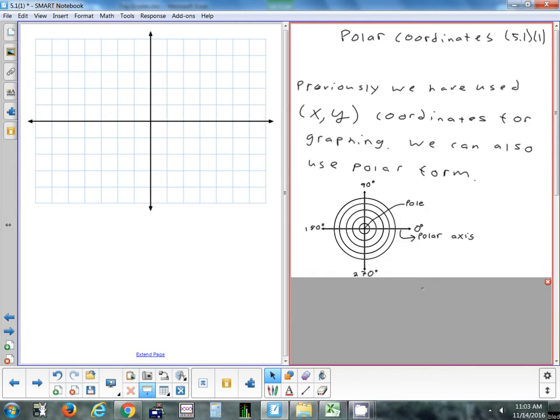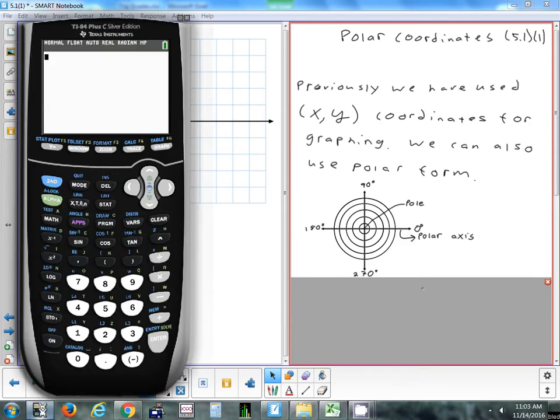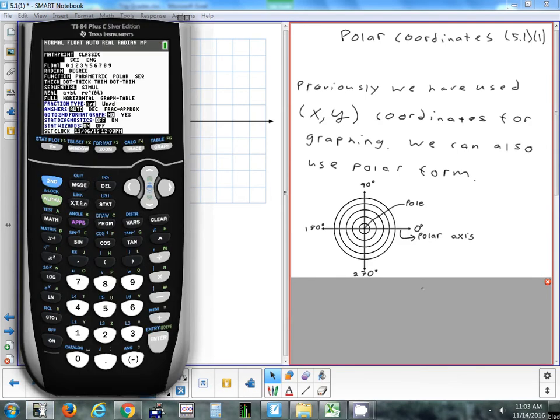So another type of graph you can use is called a polar graph. If you have a graphing calculator, and you go to mode, function is the kind of graphs like y equals mx plus b, but there's also a mode for polar.